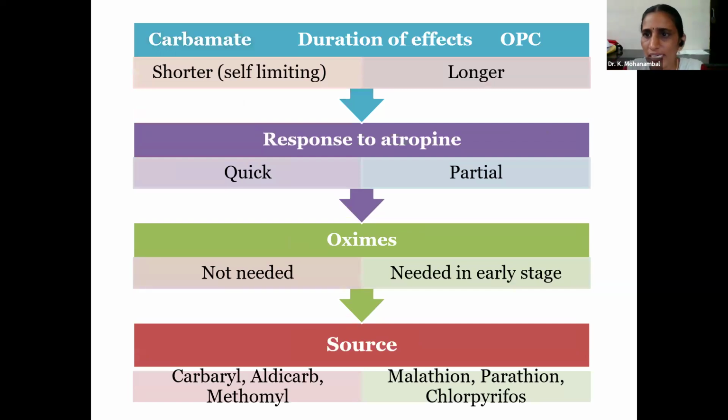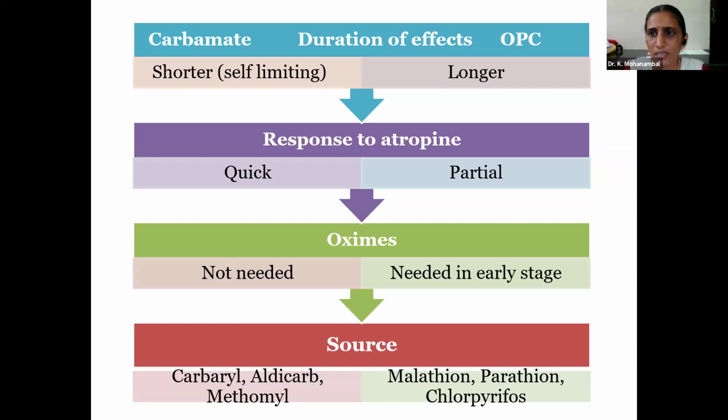In both cases we can treat with atropine at the dose rate of 0.2 to 0.5 mg per kg. But when atropine is given, carbamate toxicity will have a quick response, whereas OPC will have a partial response, or it will take a long time to respond. Suppose the animal is presented very quickly, oximes are very good, that is pralidoxime 2-PAM.